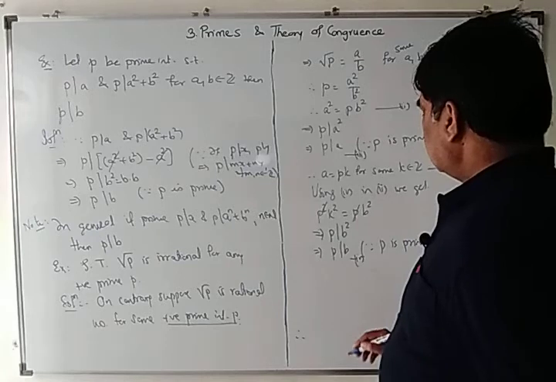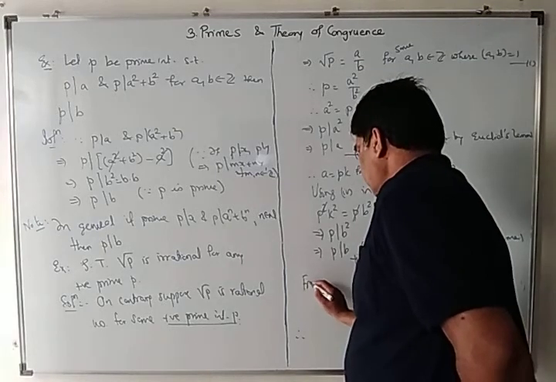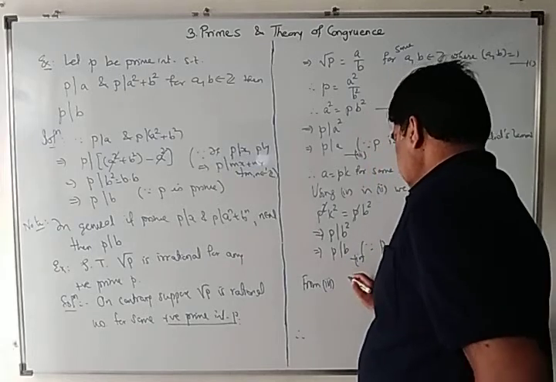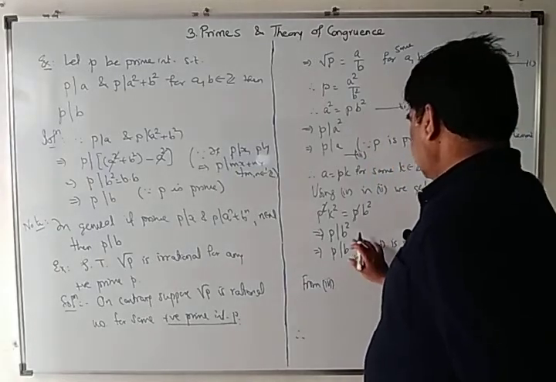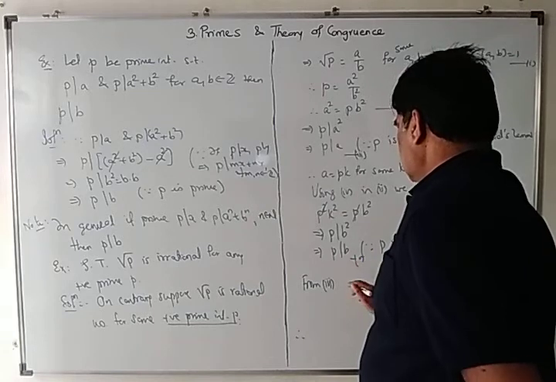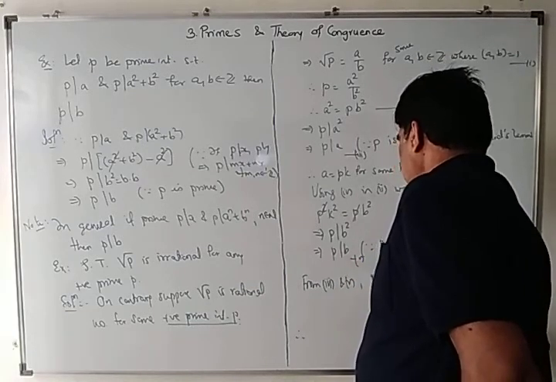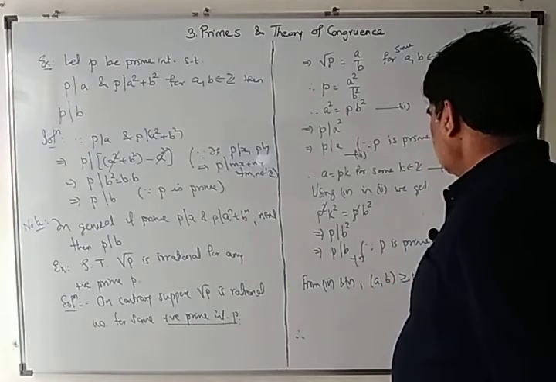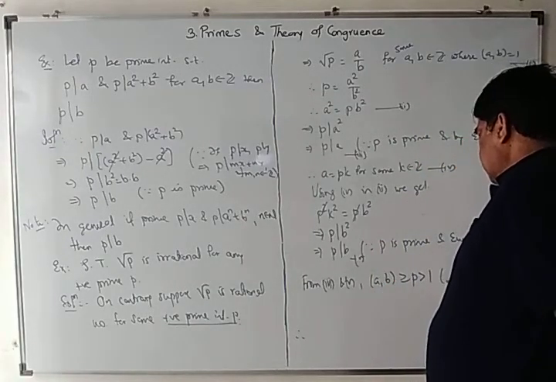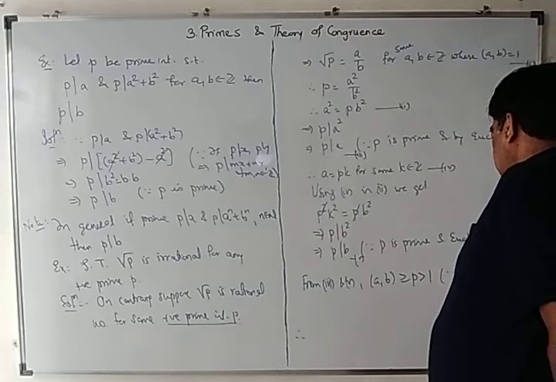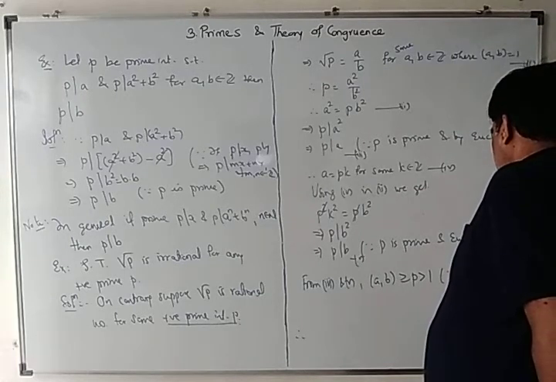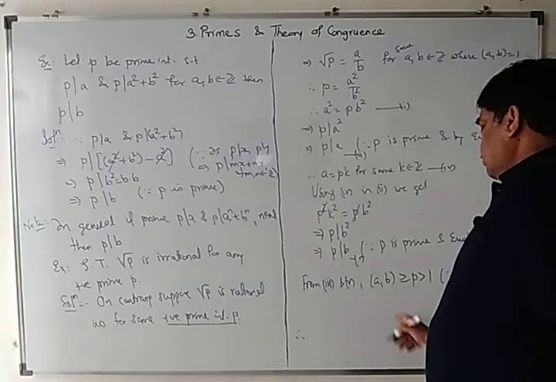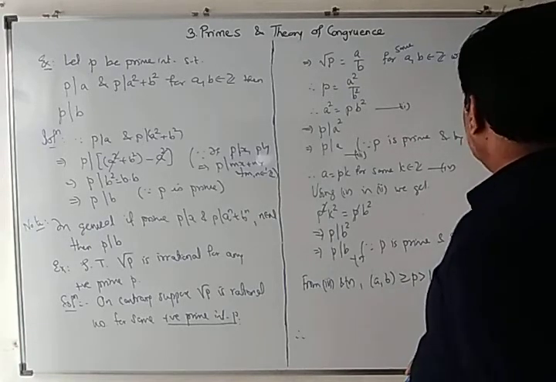So from 3 and 5, GCD of A, B is greater than or equal to P, greater than 1, since P is a positive prime. So GCD of A, B is greater than 1.